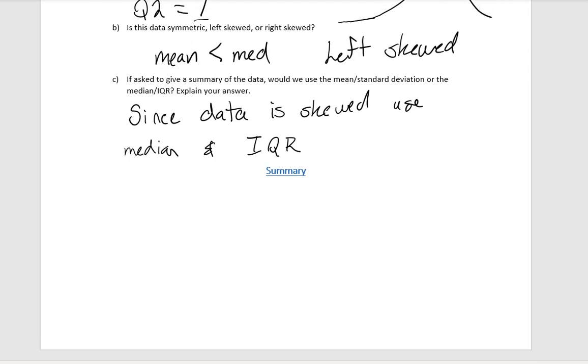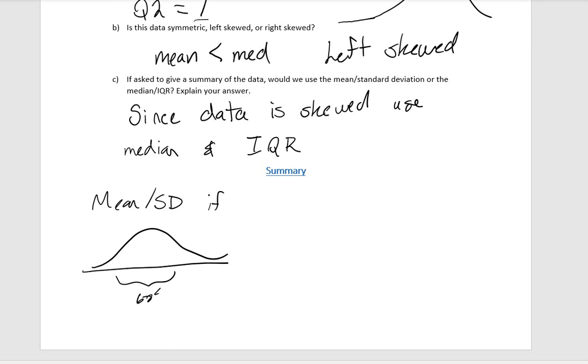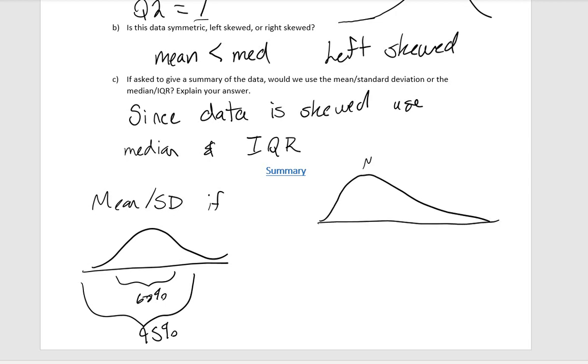So, just as a quick summary, we would use the mean and the SD if we have symmetric data, which means that we can use the empirical rule. And if it is skewed, we are going to use the median and IQR.